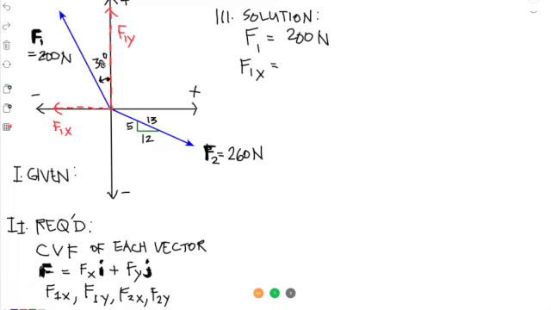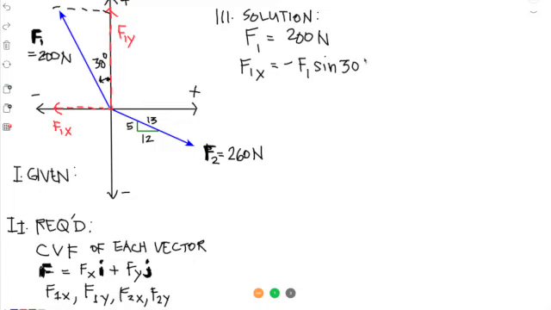So this is the angle 30 degrees, and this is f1x opposite it. Since it's going in the negative direction, it would be negative f1 multiplied by opposite over hypotenuse, so that would be a sine of our angle here, which is 30 degrees.